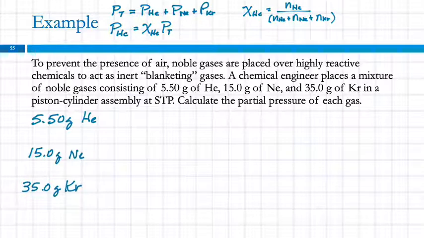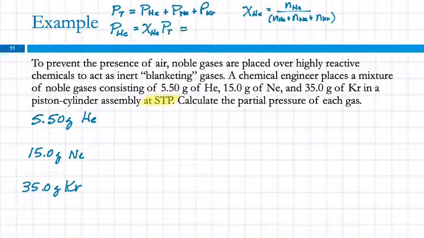How do I know that? At STP. That tells me the temperature of the gas is 0 Celsius, 273 Kelvin, and the pressure is 1 atmosphere. So that's easy to overlook because you don't see any pressure units or numbers. It just says STP. So we know that the total pressure is 1 atmosphere.